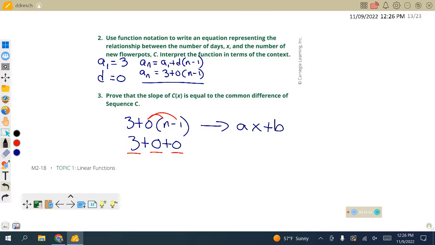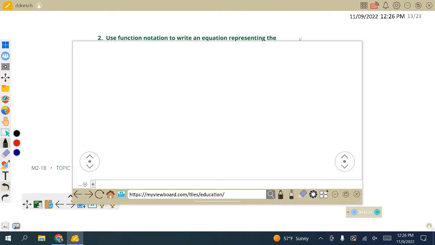What's 3 plus 0 plus 0? 3. Just 3. Well, that's a little weird because there's no variable there, right? Which is fine. We did it all correct. We're not wrong. But if you remember, at the very beginning of the year, we were learning to use our graphing calculator.